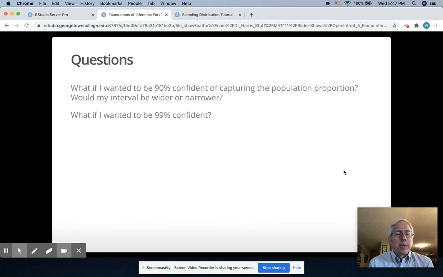And then I want to ask the same question about 99% confident. If I wanted to be 99% confident in my method, would I take a wider interval or a narrow interval? So maybe stop the video, think about that for a minute, see if you can come up with an answer, and then we're going to move on to the next slide.